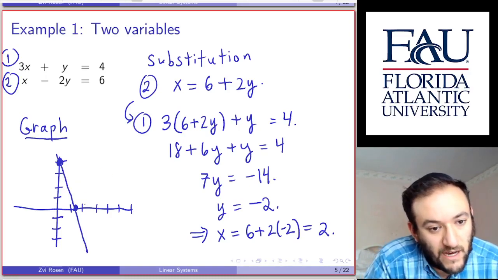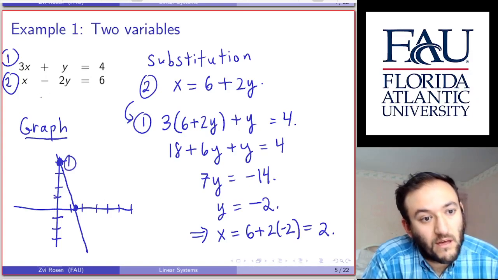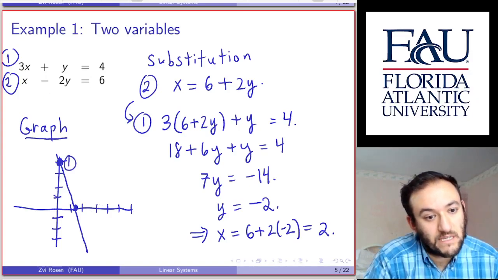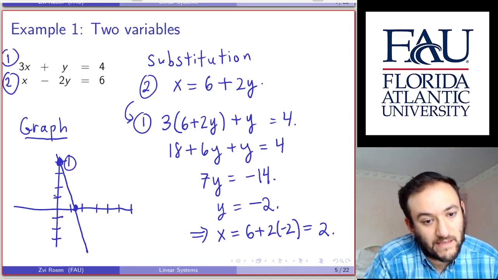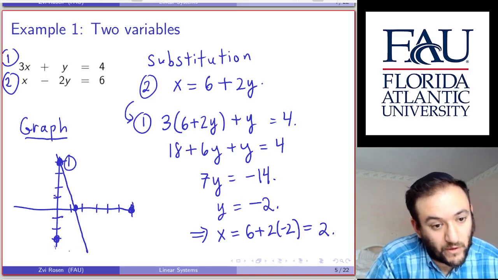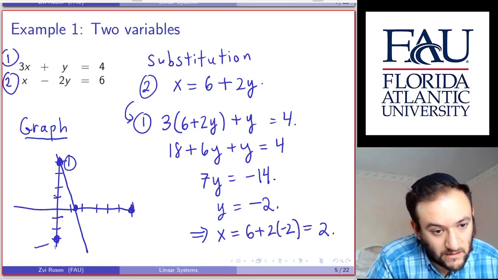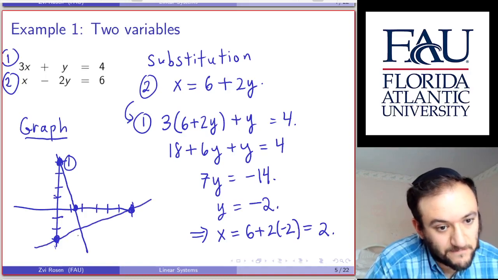Nice. And the second line, so this is line number 1. The second line, x minus 2y equals 6, has x-intercept, when we set y equals 0, x equals 6, and the y-intercept where x equals 0 is negative 3. Okay, so taking the line connecting these points looks something like this.